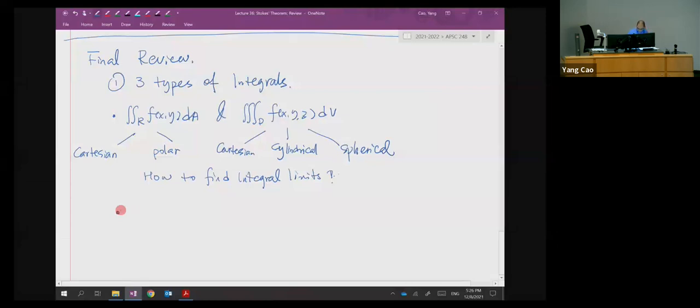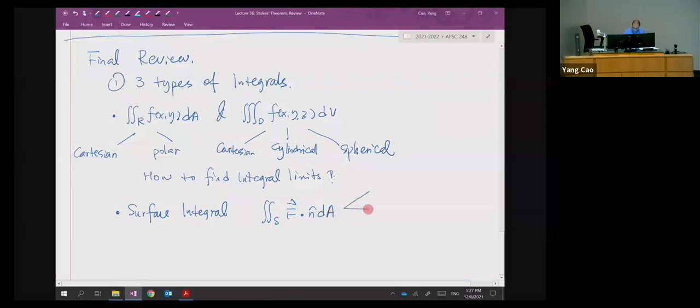Another type of integral we learned is the surface integral. This is very much different from the integrals of a single scalar function that you learned in your first year. For a surface integral, the general formula is a vector field dotted with n hat dA.